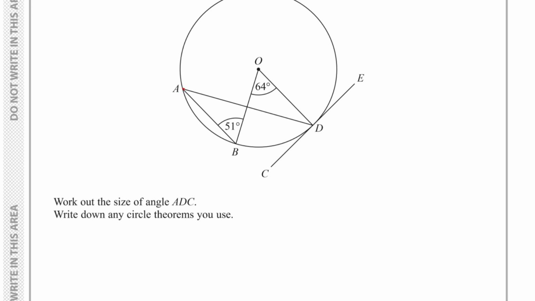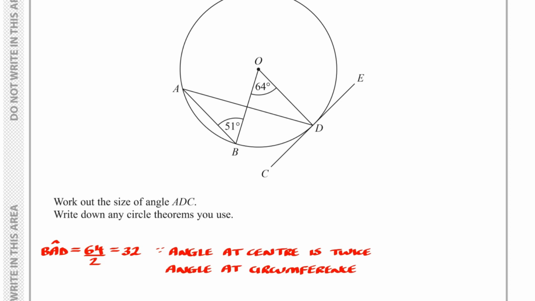First of all, we can find the angle BAD, which is this angle here, and that's equal to 64 divided by 2, which is 32. And that's because the angle at the centre is twice the angle at the circumference. So this angle here is 32 degrees.